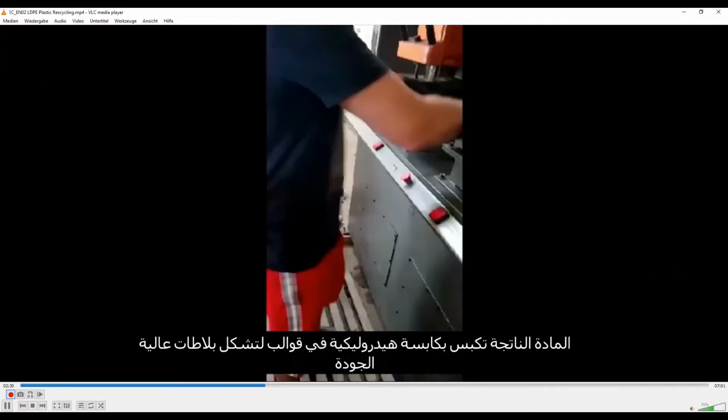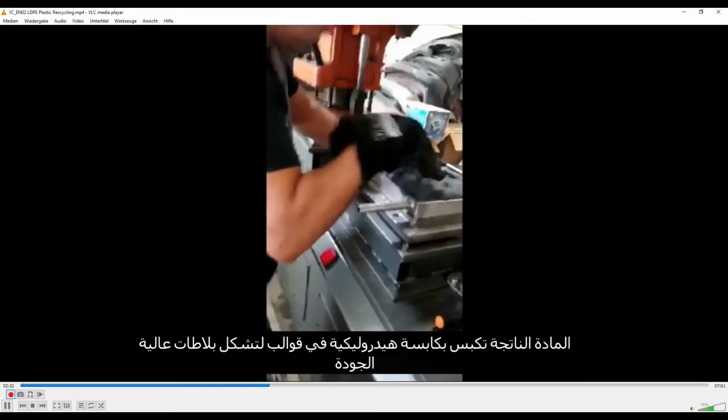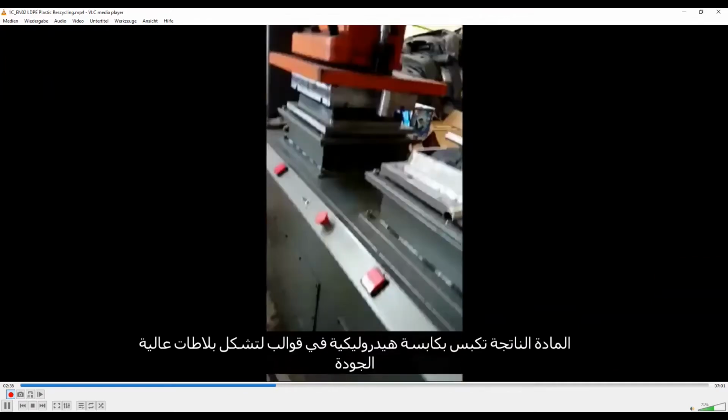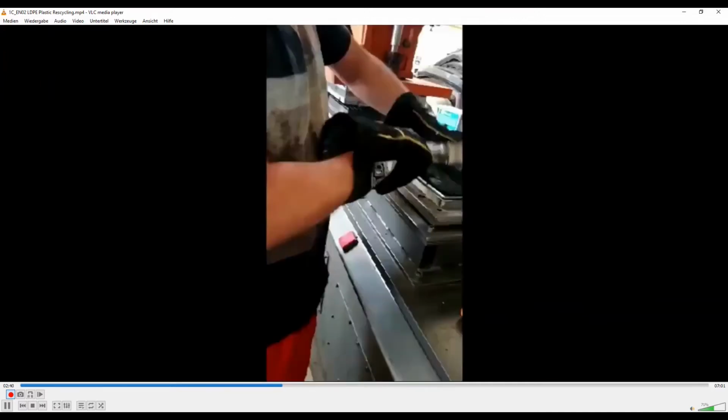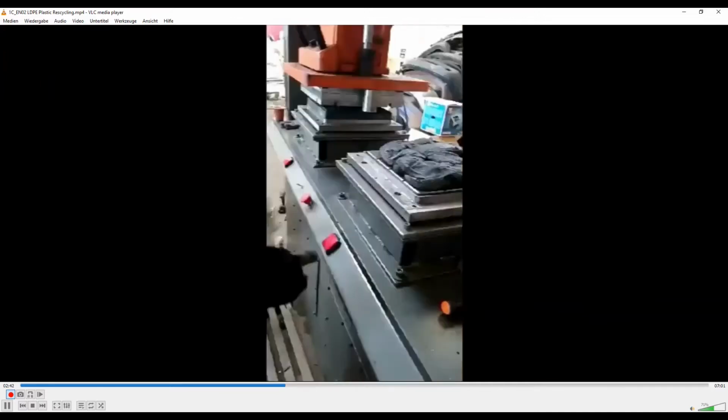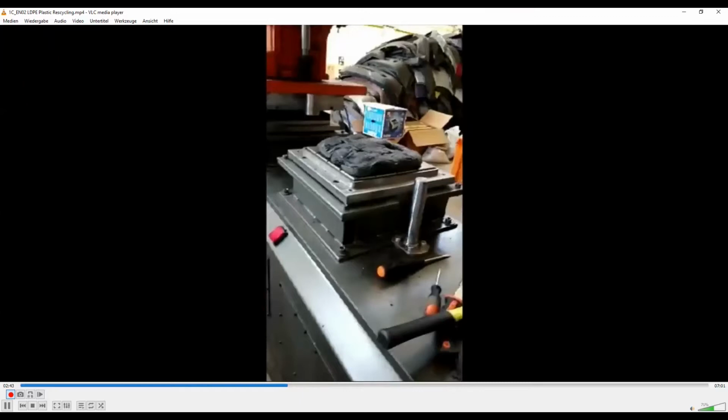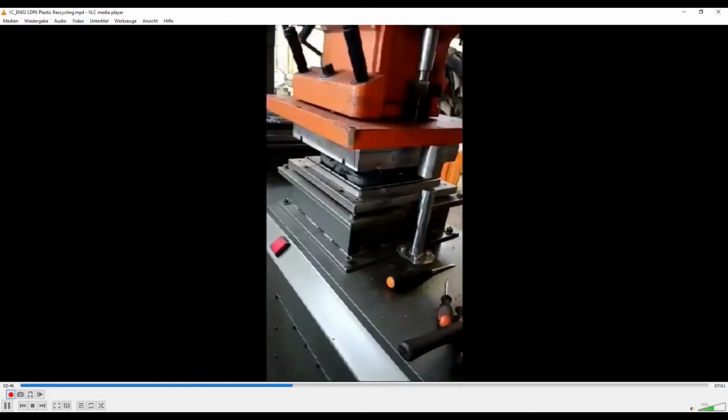Then they fit it in molds and compress it in a hydraulic compressor or manual compressor. Here is using a hydraulic compressor.